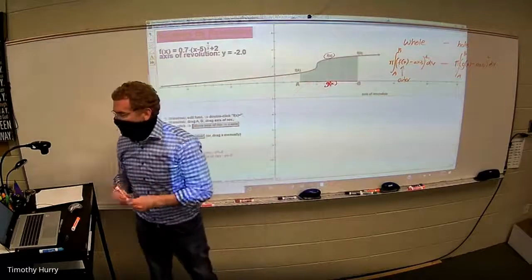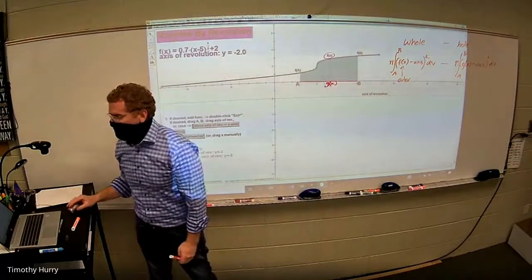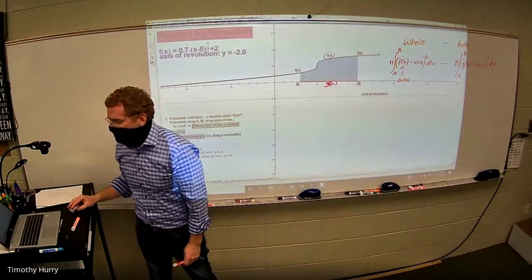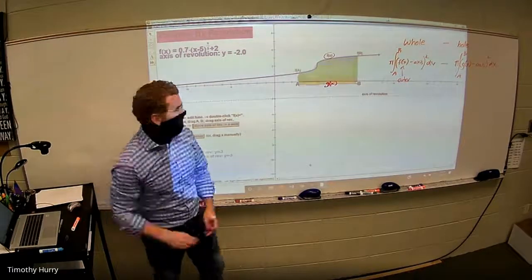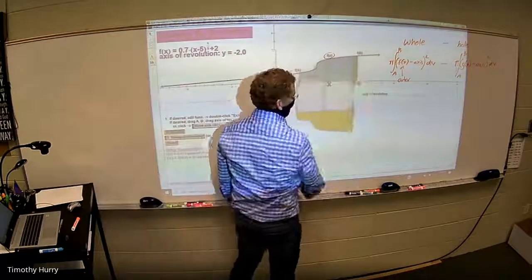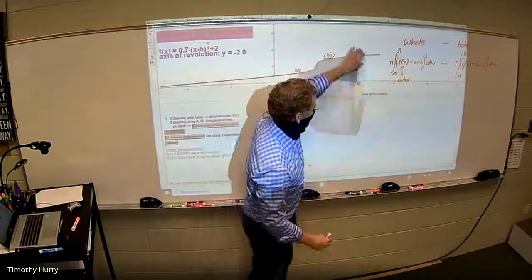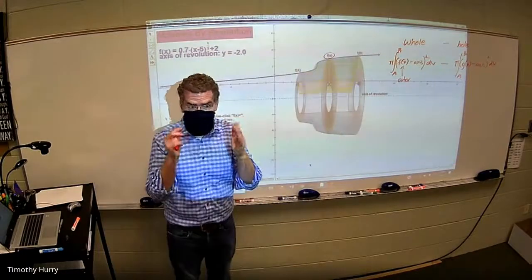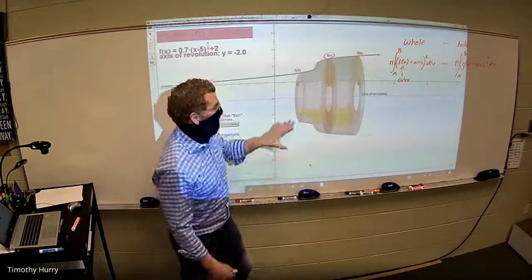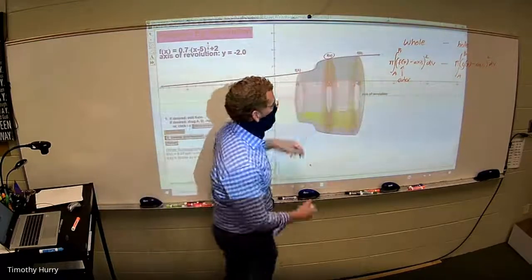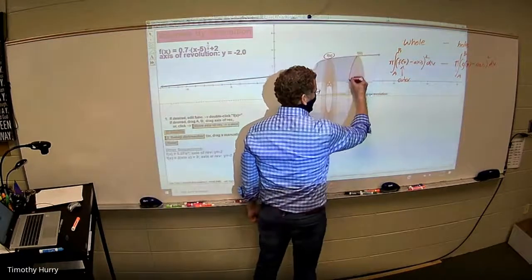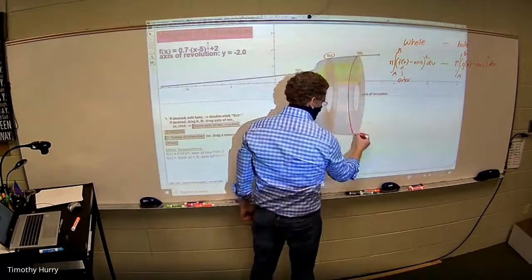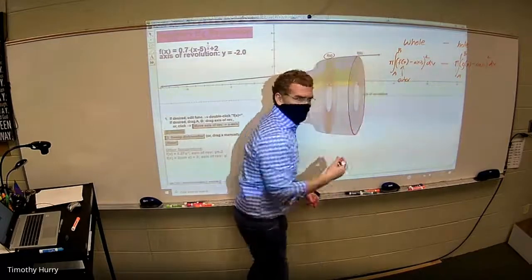You can see that when I rotate this thing, it creates this solid right here that has a part in the middle that I need to get rid of. So what I'm going to do again is ignore the part in the middle and ask, how would I find the area of the cross section? It's like cross sections like we did before.